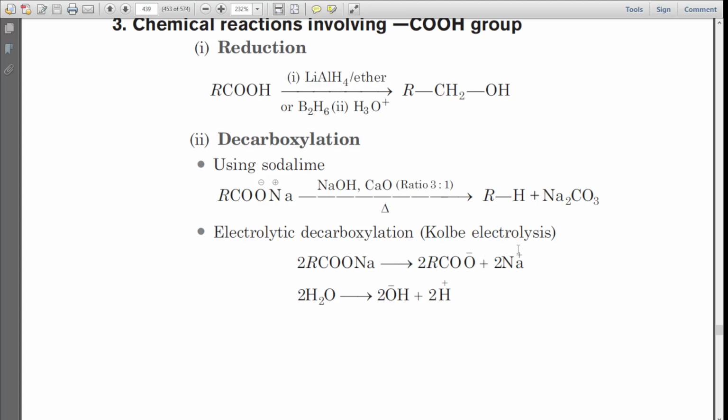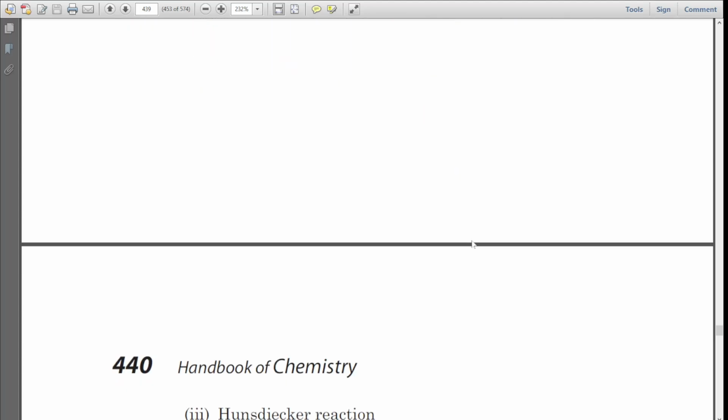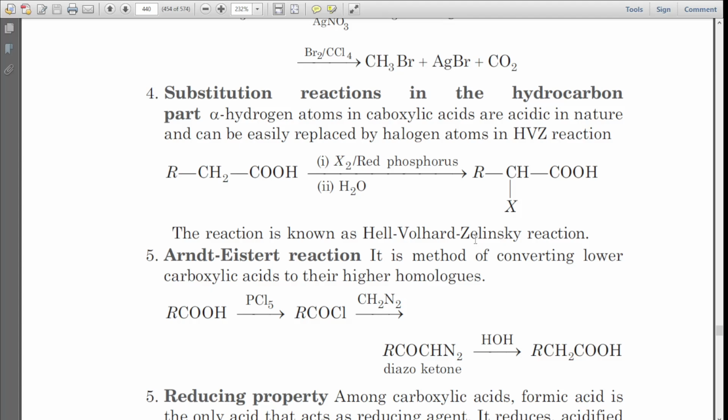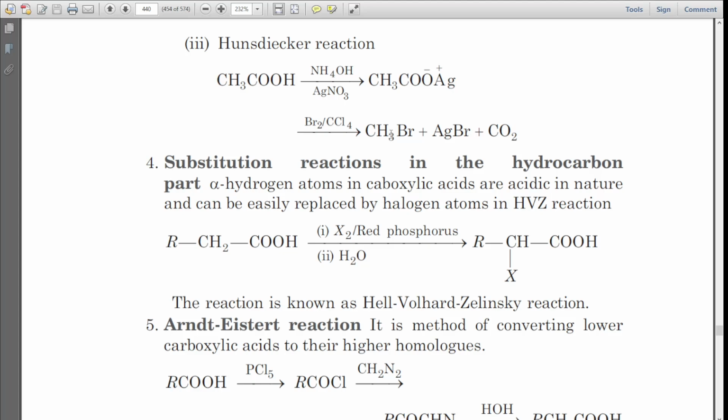Electrolytic decarboxylation, which is known as Kolbe electrolysis, yields two different reactions on cathode and anode respectively. Hunsdiecker is not part of your course. Still, for your knowledge, it forms the silver salt of the carboxylic acid, and on further treatment it gets converted into alkyl halide.